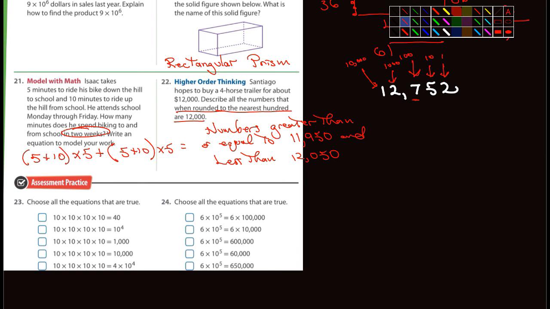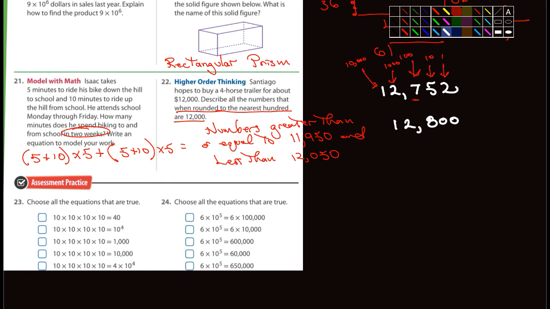So when you round, remember that if the number is 5 or larger, you would round up. So if I was to round this number, 12,752, to the nearest hundredths place, I would write 12,800. What, Mr. Glazier? How did you get 12,800?